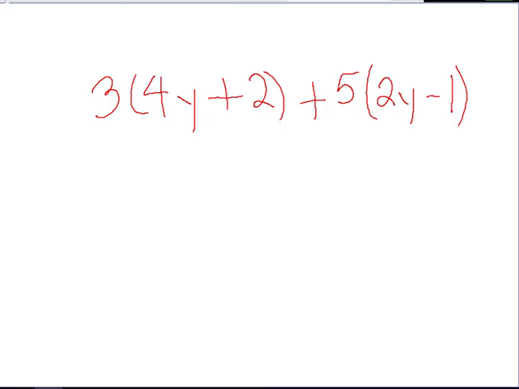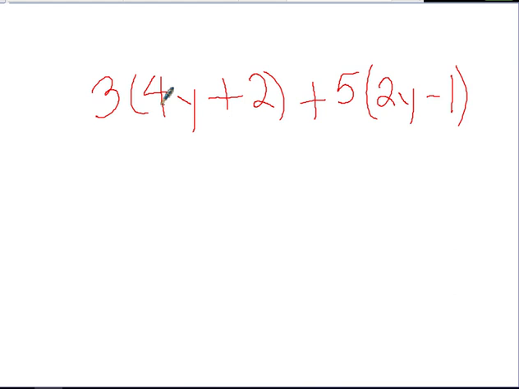Next one, 3 times 4y plus 2 plus 5 times 2y minus 1. Again, my qualifier is when I look inside this parentheses, I can't combine 4y and 2 because they are unlike terms. They do not have the same last name.